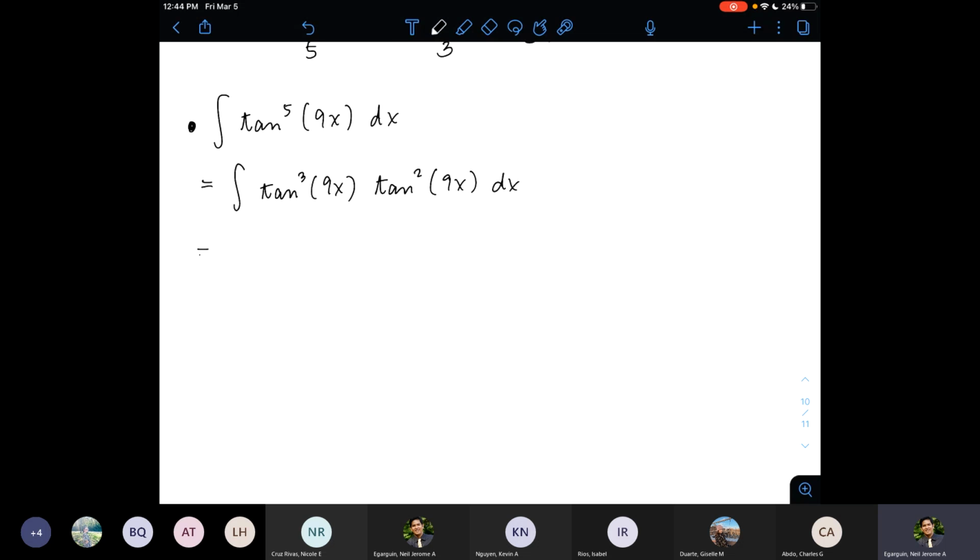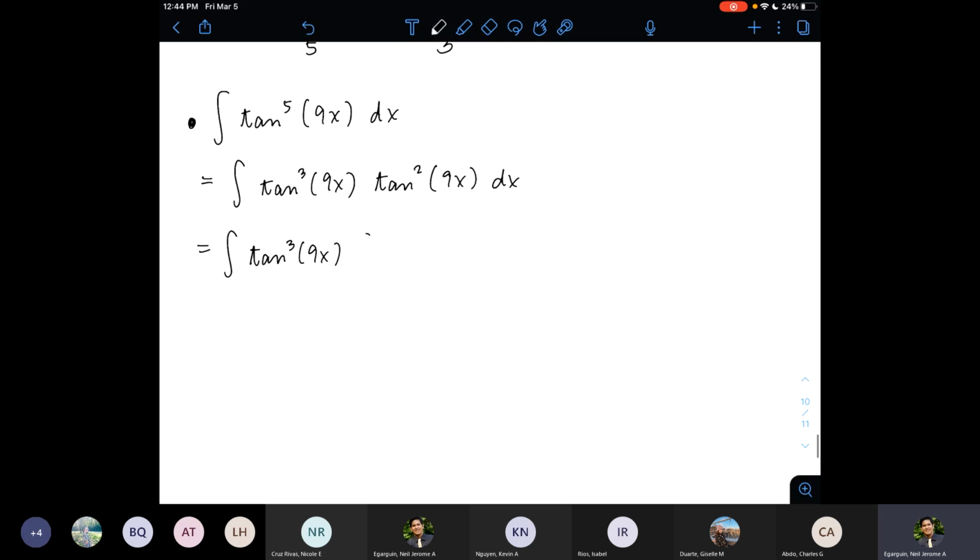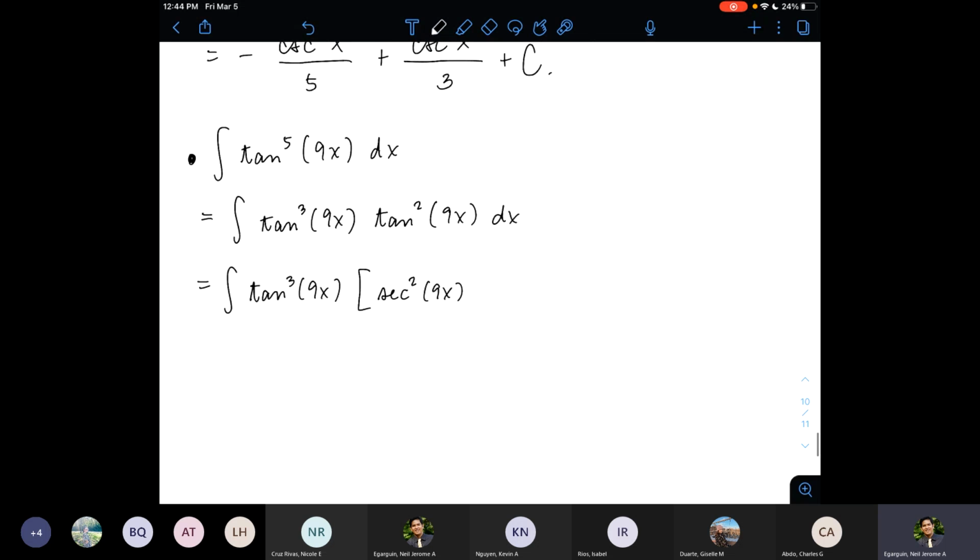For that, I need a tangent squared, because the tangent squared can be written in terms of the secant, right? So we can write it as secant squared of 9x minus 1. And I did that because remember, we can fairly easily integrate a tangent when it comes with a secant, or powers of combinations of secants and tangents.